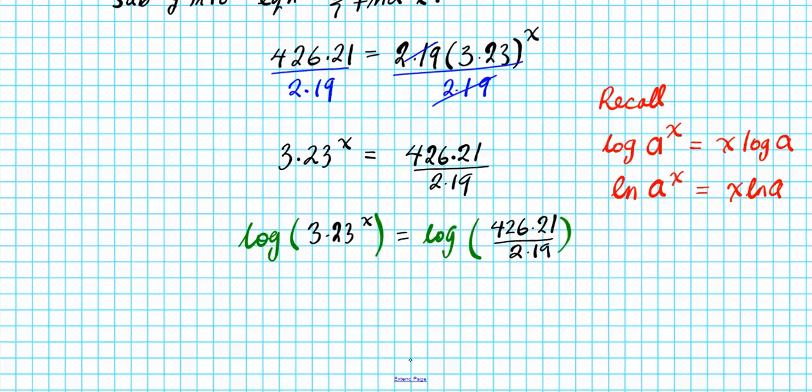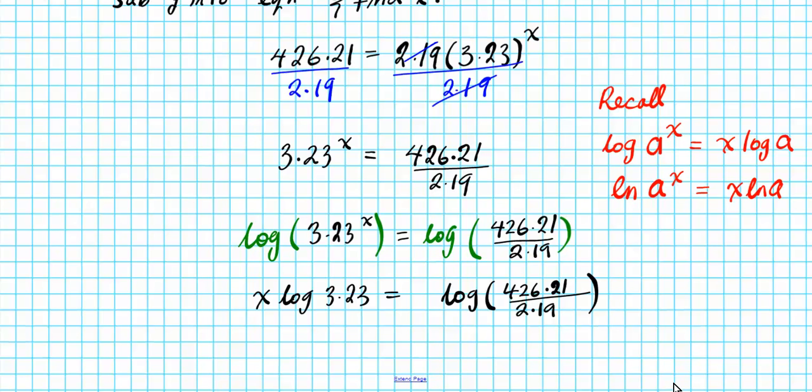And then using the property of logarithm, we can power down this x. So we're going to have x log 3.23 equals log of 426.21 divided by 2.19.